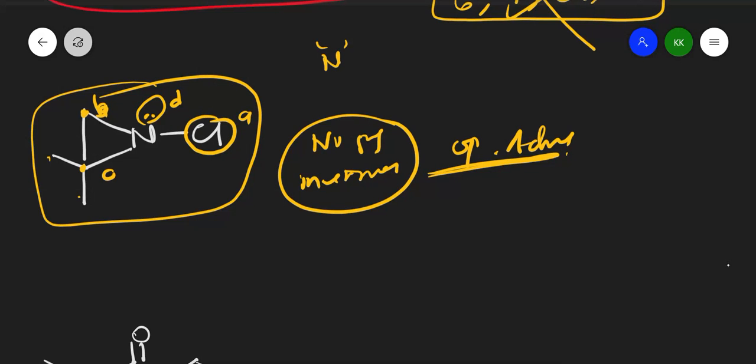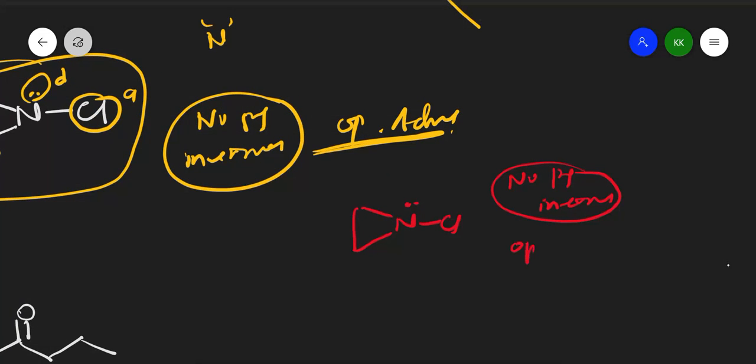If they give you compound like this, see, right? Here also no pyramidal inversion. Whether it is optically active or not, it is optically inactive. Here, if pyramidal inversion is happening, then no doubt it will be optically inactive. But here no pyramidal inversion, because it is restricted molecule. But then also it is optically inactive.